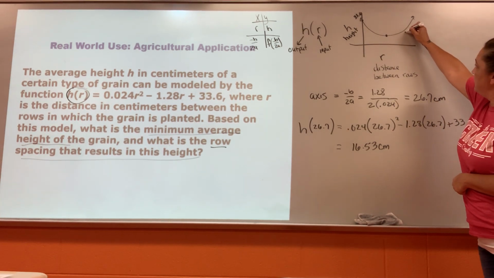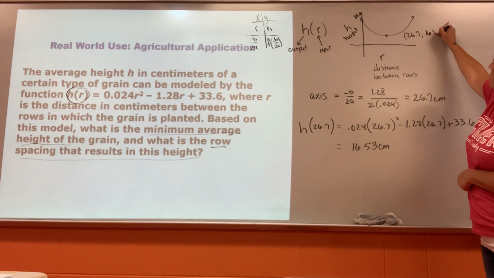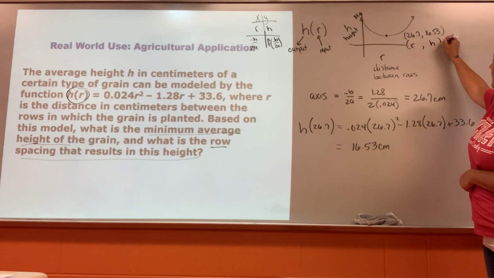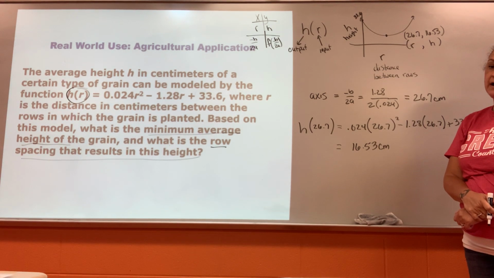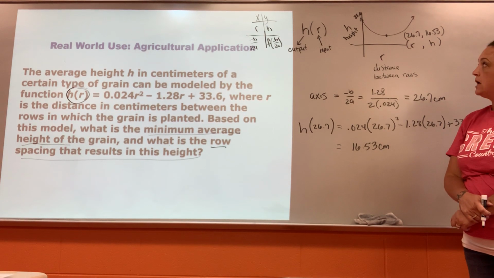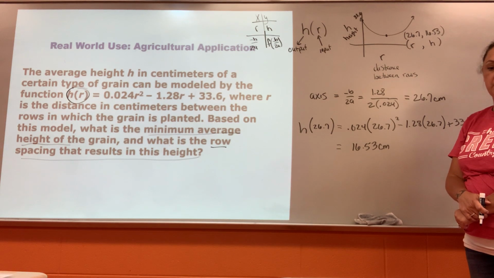So we found this vertex to be at 26.7 and 16.53. And again, this is in terms of row distance and height of the plant. So the minimum average height would be 16.5 centimeters if we plant the rows 26.7 centimeters apart.